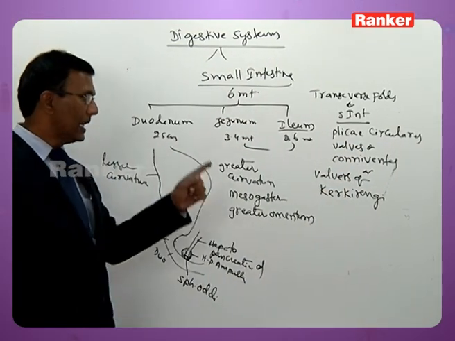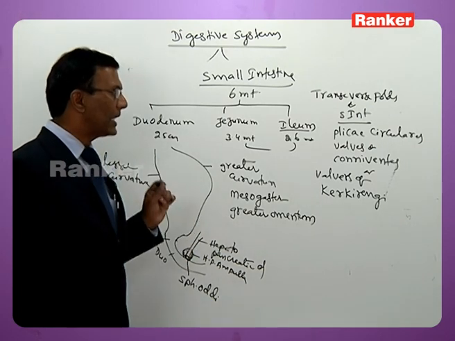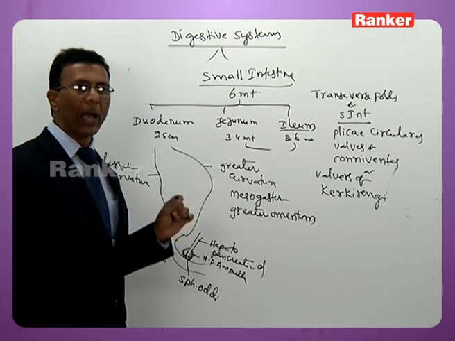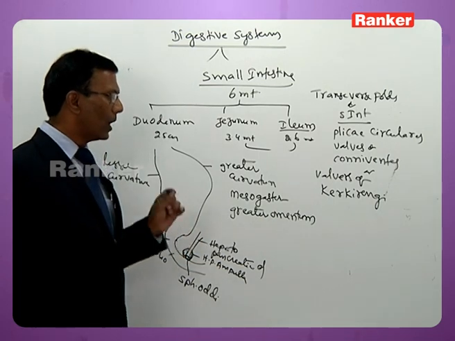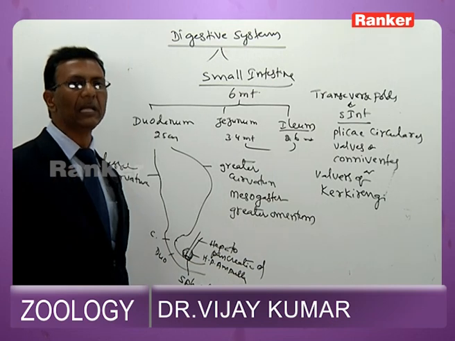I repeat once again, the transverse folds present in the small intestine are known as plicae circularis or valves of conniventes or valves of Kerckring. They are the transverse folds without any significance.